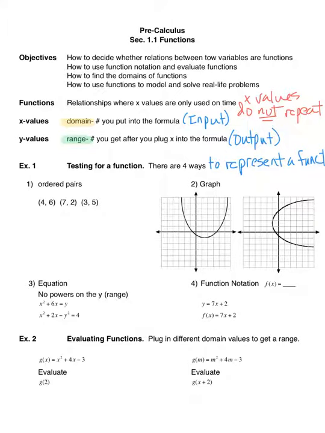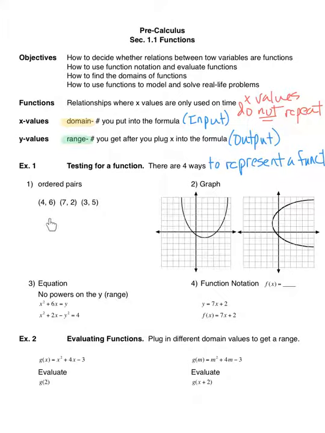Those are 4 different ways to represent your function. To test each one of these 4 different ways, you either are going to check if the x values repeat, use the vertical line test, or if you're looking at just an equation, we can talk about that as well.